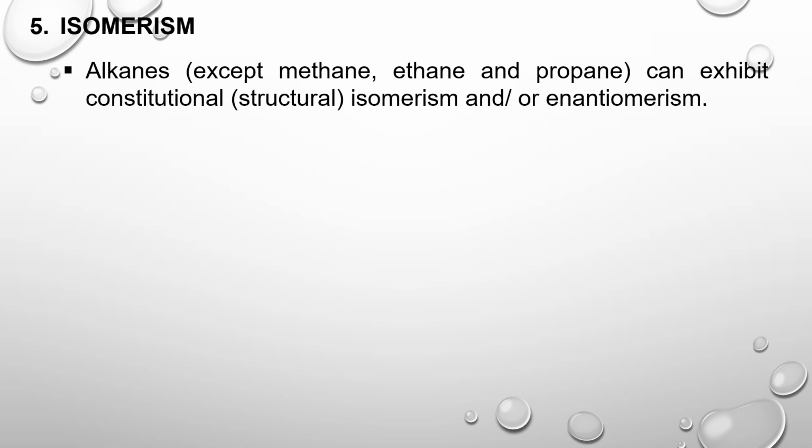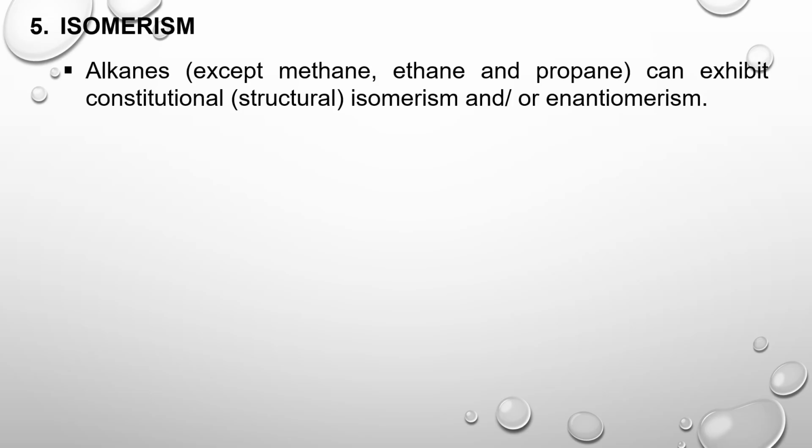Next, let's move on to isomerism. Now, in isomerism, there are quite a few types of isomerism that you learn. So, in the alkane situation, we will be able to exhibit structural isomerism, or sometimes they call it constitutional isomerism, or enantiomerism.